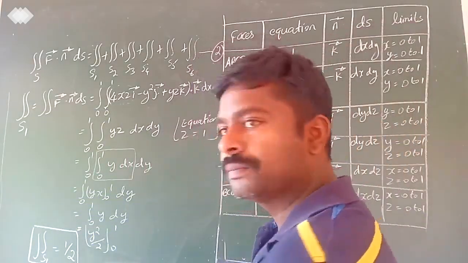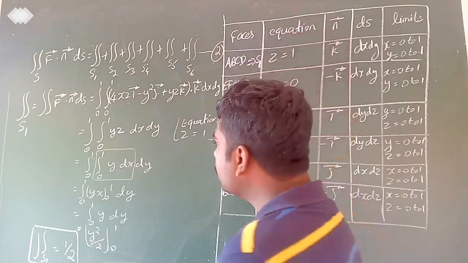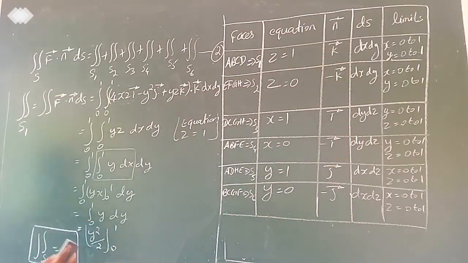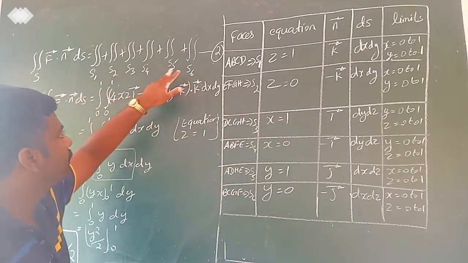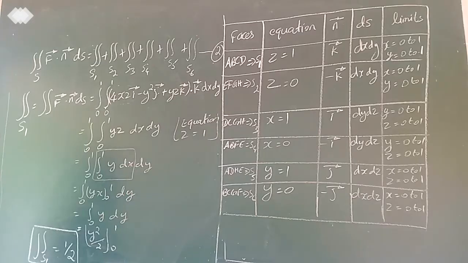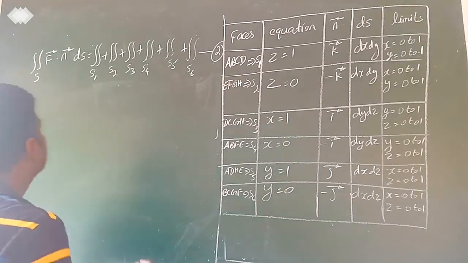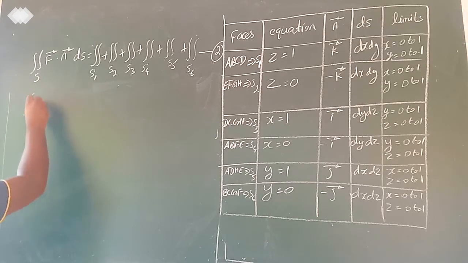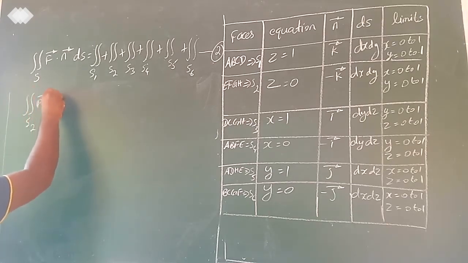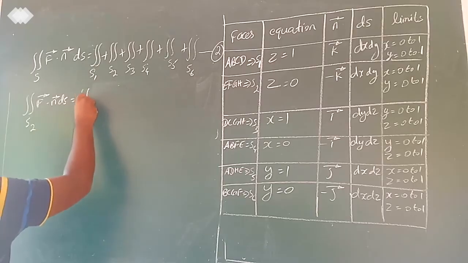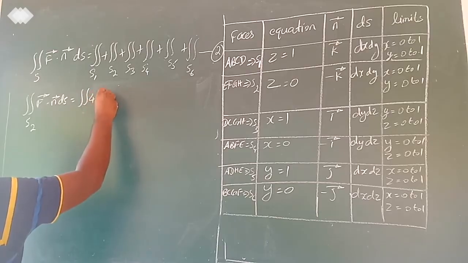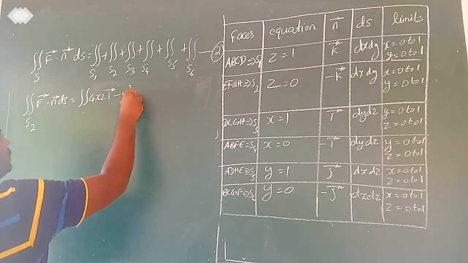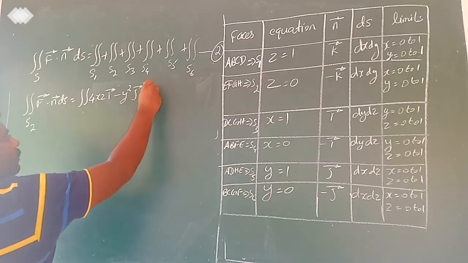And next, we are going to find the double integral of S2. I want to keep this tabular column until we find S1, S2, S3, S4, S5, S6, so I want to erase only one side. The next side, double integral of S2, f vector dot n vector ds, that is nothing but the double integral with f vector equal to 4xz i vector minus y square j vector plus yz k vector.